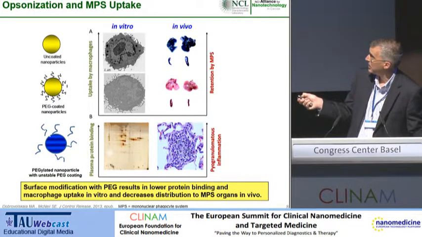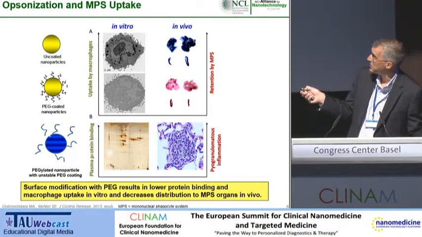What we see for the phagocytosis is, if you can see these black spots, the electron-dense regions are due to the gold that's phagocytosed by the macrophage, whereas the pegylated version has hardly any at all. That also correlated to an in vivo response where the gold was deposited both in the liver and the spleen.